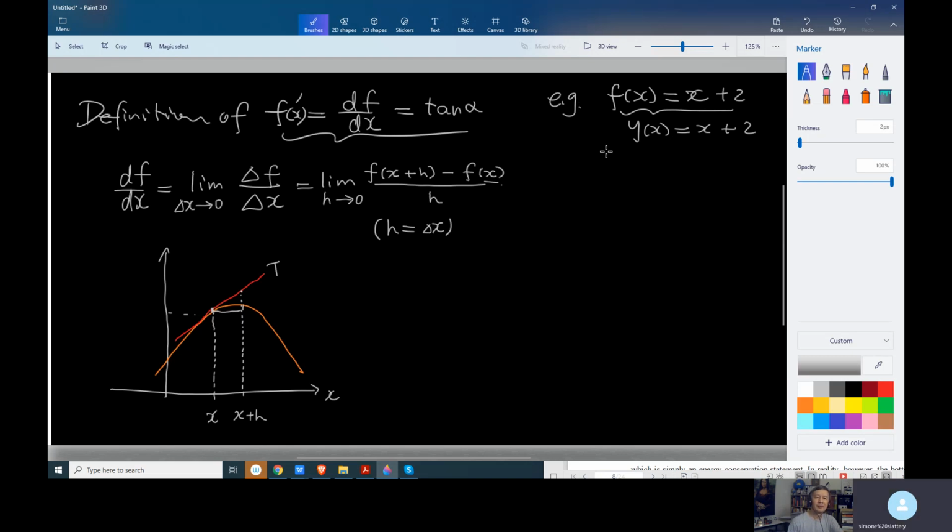The graph would look like a straight line. Linear. It's a linear function. That's where the name comes from, because the graph looks like a straight line, so therefore it's called a linear function.